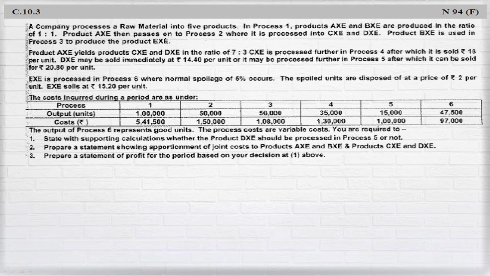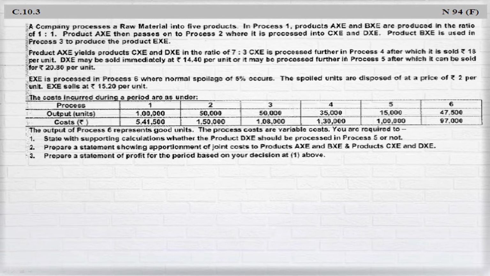Product AXC then passes on to process 2, where it is processed into CXC and DXC. Product BXC is used in process 3 to produce product EXC. The product AXC yields product CXC and DXC in the ratio of 7:3.